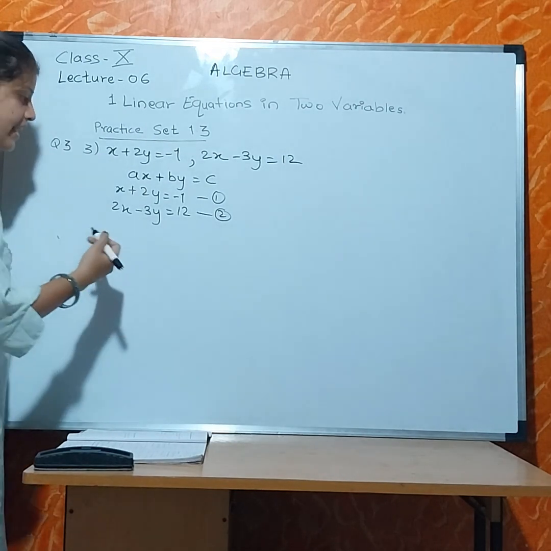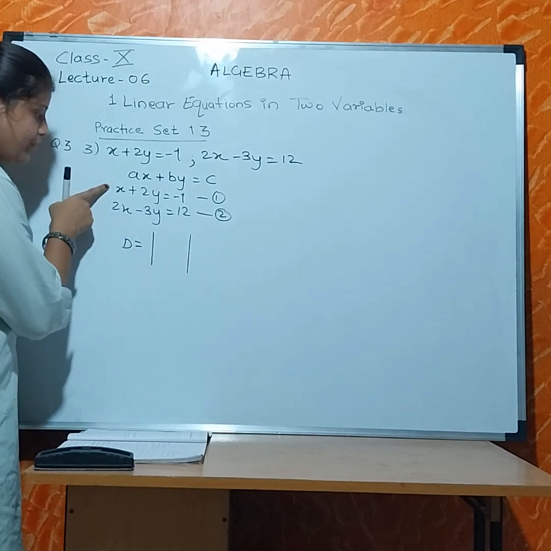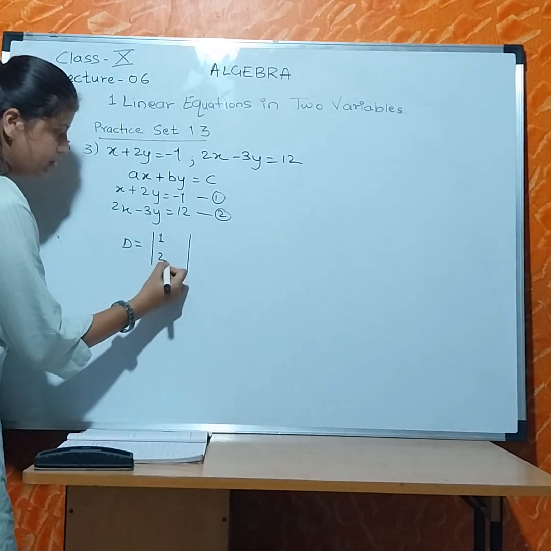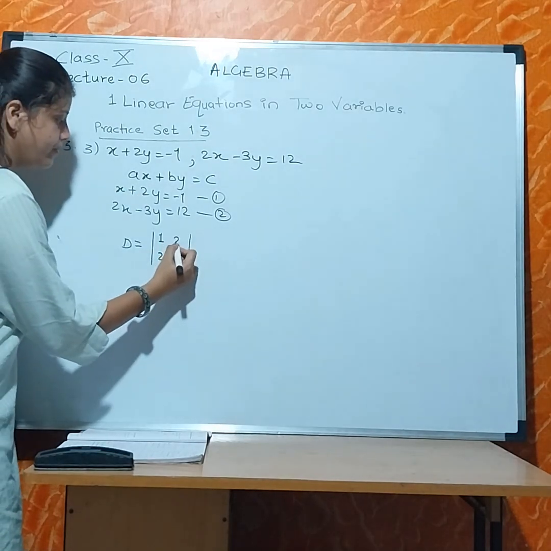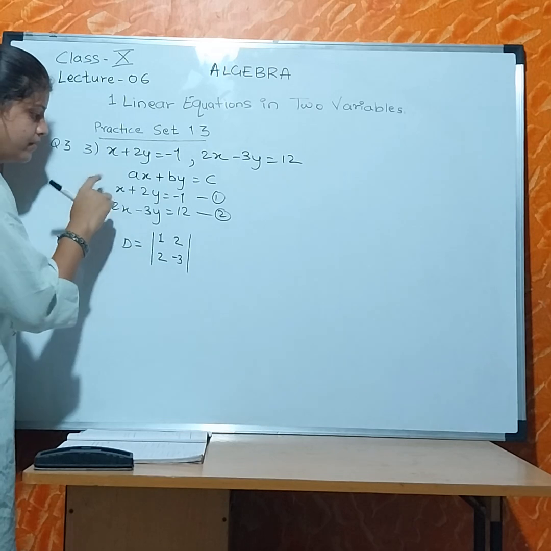of d and dx. So d is equal to, now what are the coefficients of x in the first equation? 1. In the second, 2. Coefficient of y here 2, and here minus 3. See the sign first.